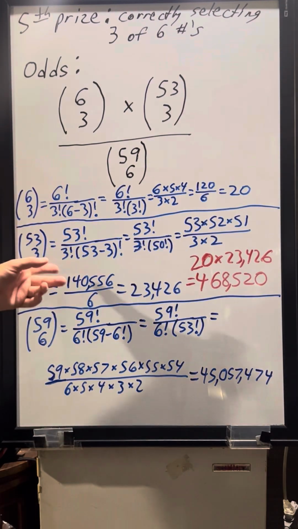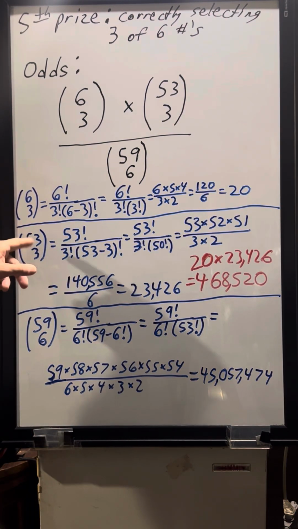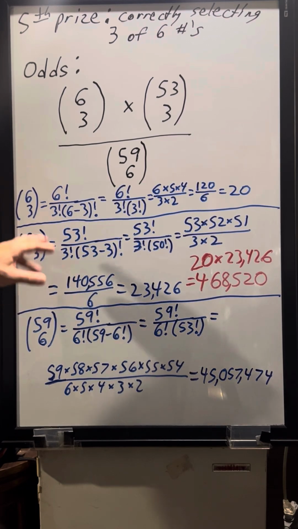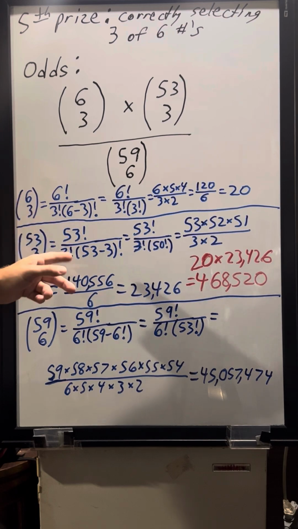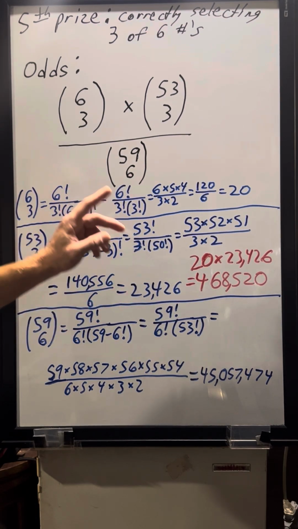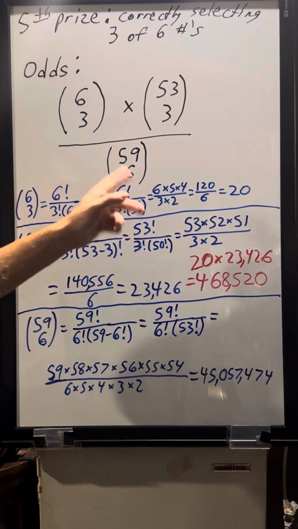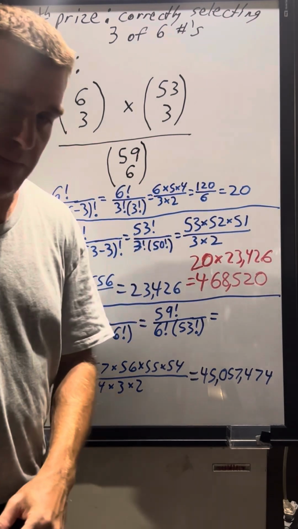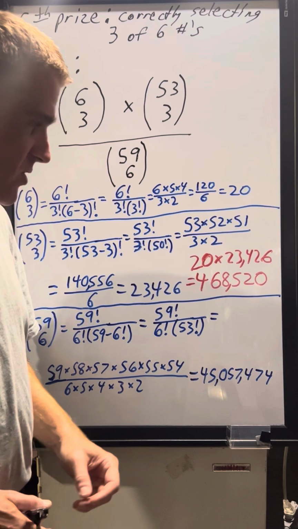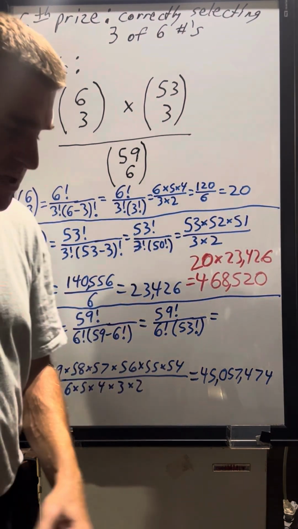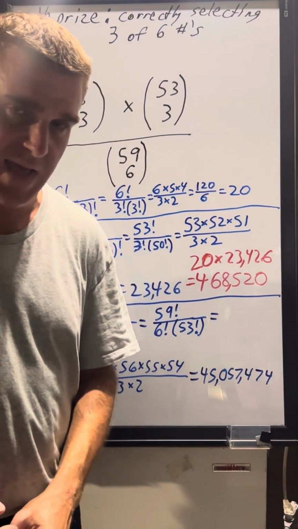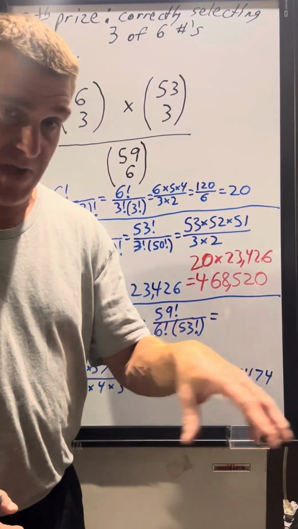So in a binomial coefficient, 53 is the top index, 3 as the bottom index, and so that's going to be written out as 53 factorial divided by 3 factorial multiplied by 53 minus 3 factorial, or then simplified down to 53 factorial divided by 3 factorial times 50 factorial. And then you work out the math, and so there's 23,426 different ways that those three numbers could be wrong.